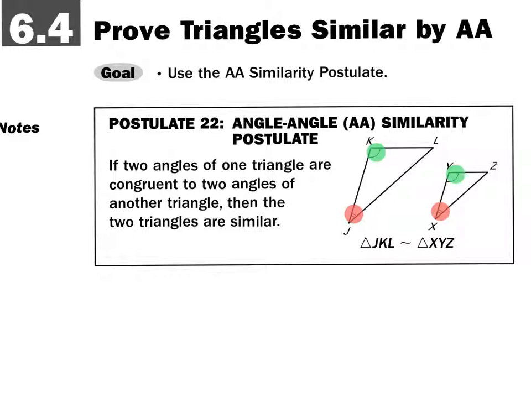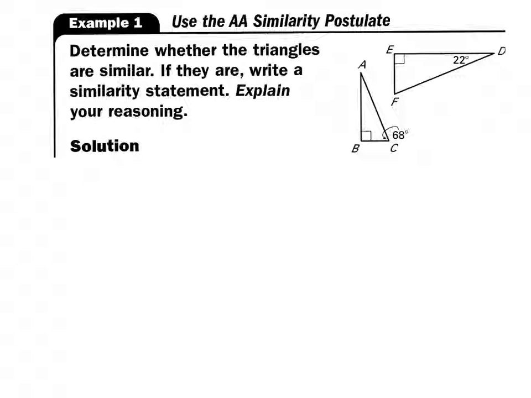And the last angle, by the triangle sum theorem, the blue angle L and the blue angle Z have to be congruent, and therefore these two triangles are similar, meaning they have the same angles, but the lengths of their sides are different, they're proportional. Okay, so it's a very simple postulate, but it's very useful. Let's see what we can do with it.